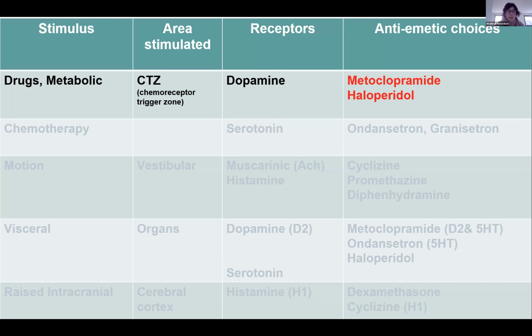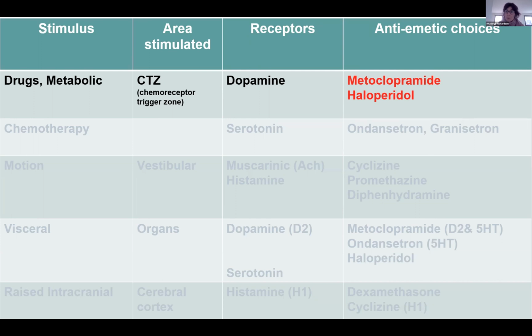So when we think about drug causes for nausea and vomiting, we already mentioned some medications that can cause nausea and vomiting. So things like opioids, things like antibiotics, chemotherapy treatments, if you have access to those. We know that the best choice of antiemetic, and I want to not make this too medical because I know we're not all doctors on the call, the best choice of antiemetic is either metoclopramide or haloperidol.